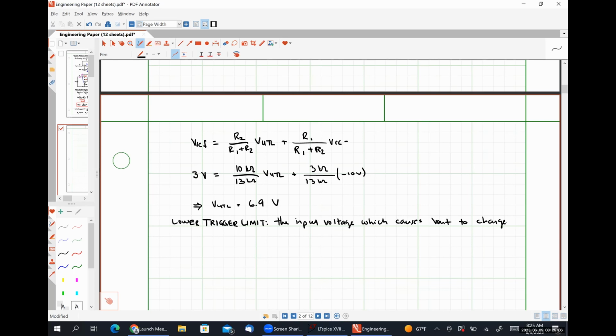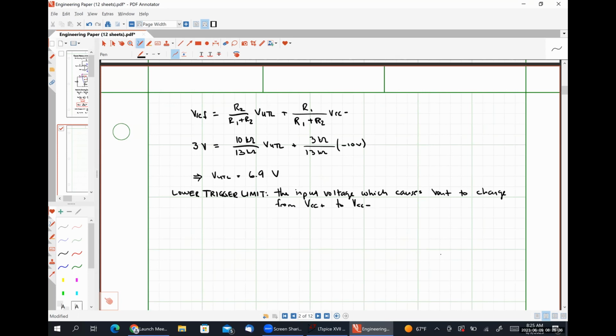But now we're going to see it transition from VCC plus to VCC minus. So this is the input voltage that causes our circuit to transition from a high output state to a low output state.